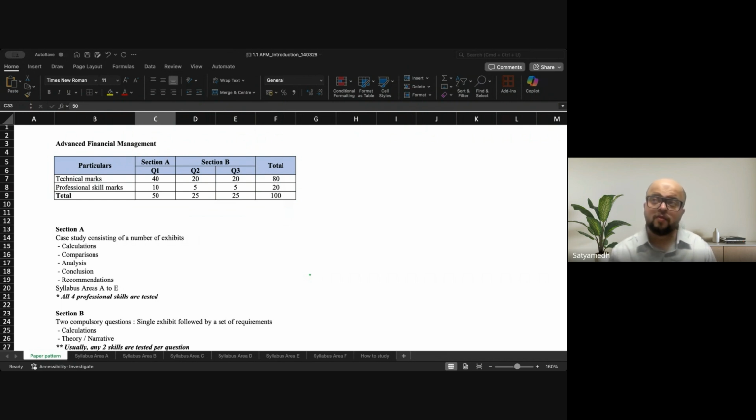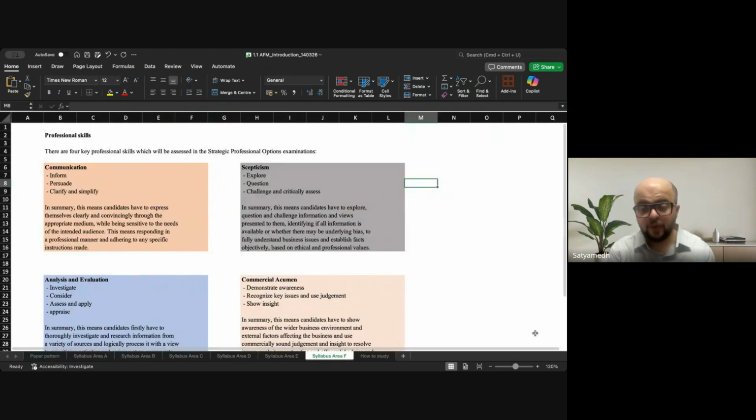Now, one feature of the ACCA exams, apart from SBR, is that there is an emphasis on something known as professional skills. Now, there are 5 professional skills, so to say, 4 if we were to club the two of them together. There are 4 skills that ACCA needs you to be good with. What are these? Now, there is communication.